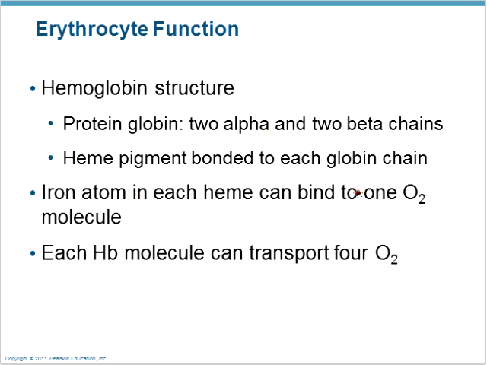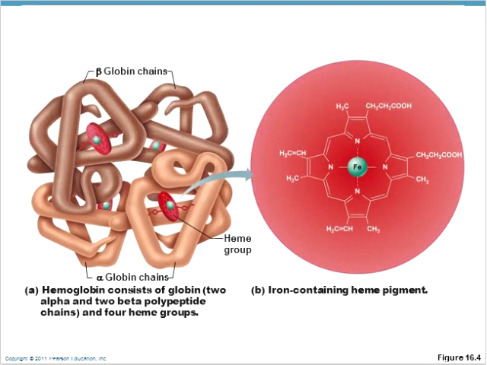Each hemoglobin molecule can then transport 4 oxygen molecules. What we're seeing here is that hemoglobin consists of a globin, 2 alpha and 2 beta polypeptide chains, and then 4 heme groups. So you can see where the oxygen can be transported right there. There's the iron, and you can see how that can be transported.